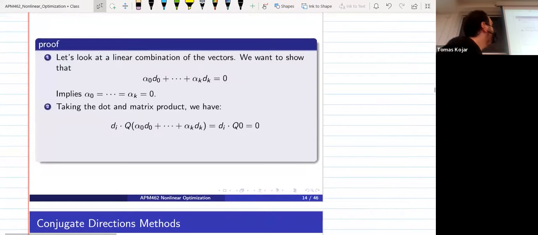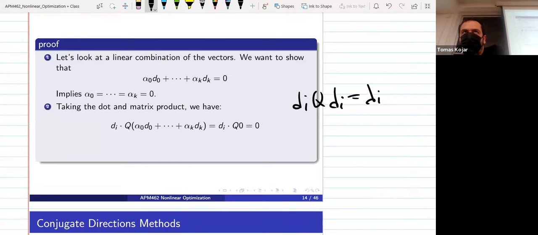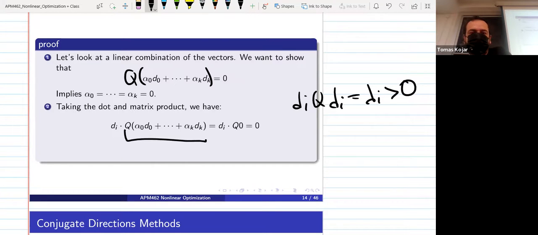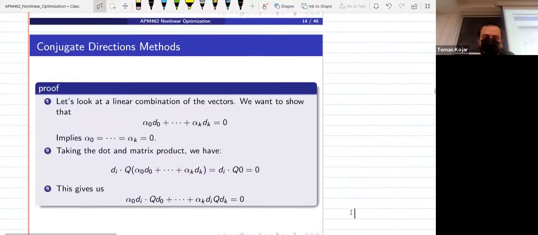So we do the following dirty trick. I want to isolate a_i. Why is that? Because I know that Qd_i is equal to lambda_i d_i, with lambda_i strictly positive. So I multiply this by Q, because I know it's zero. The only reason I do it is because I know the eigenvalue is strictly positive, by positive definiteness.